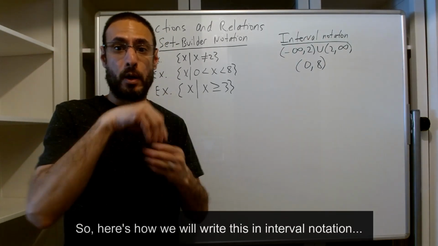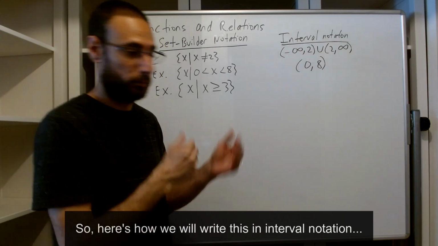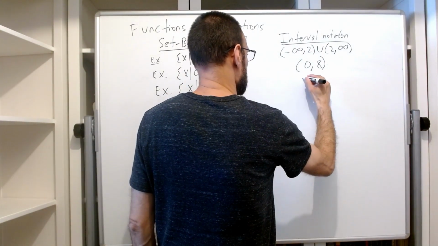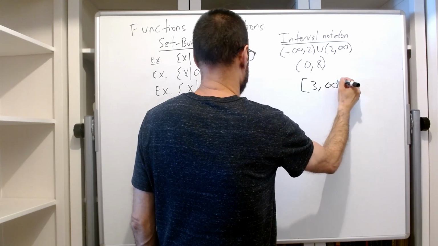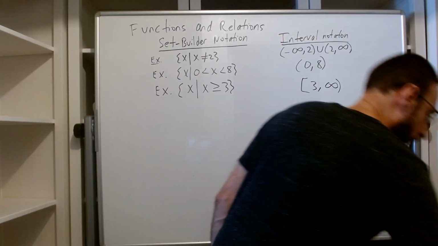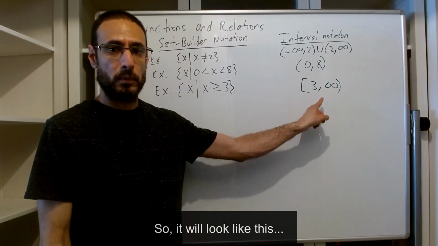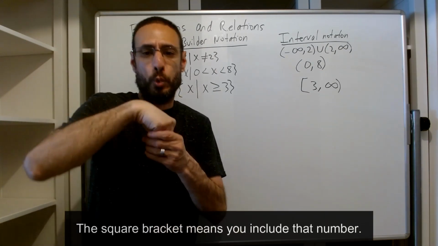Here's how we will write this in interval notation. It will look like this. The square bracket means you include that number.